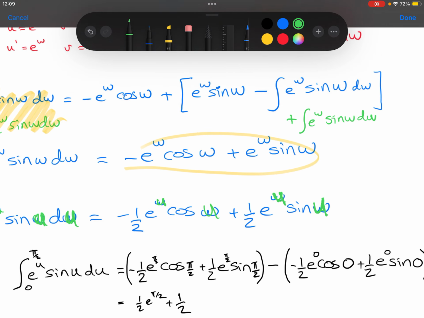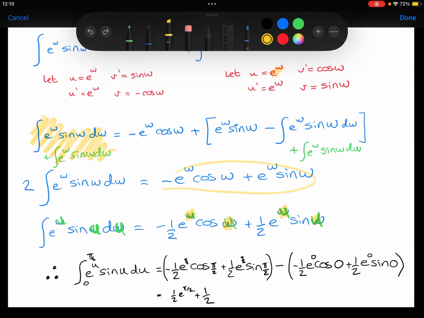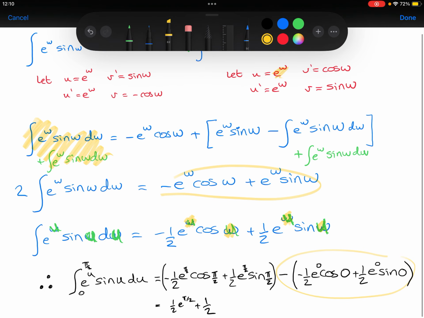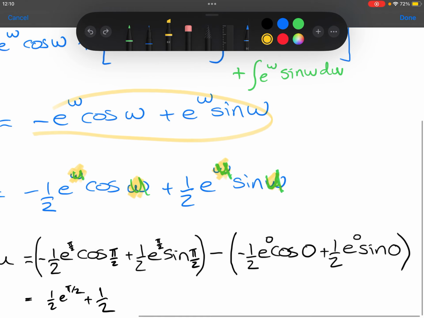So substituting the pi over 2 in here, here, here, and here, first of all, that gives this. Then I'll do the same thing with the 0. That gives this. Just going along and simplifying each of these terms then, the cos pi over 2, that is 0.